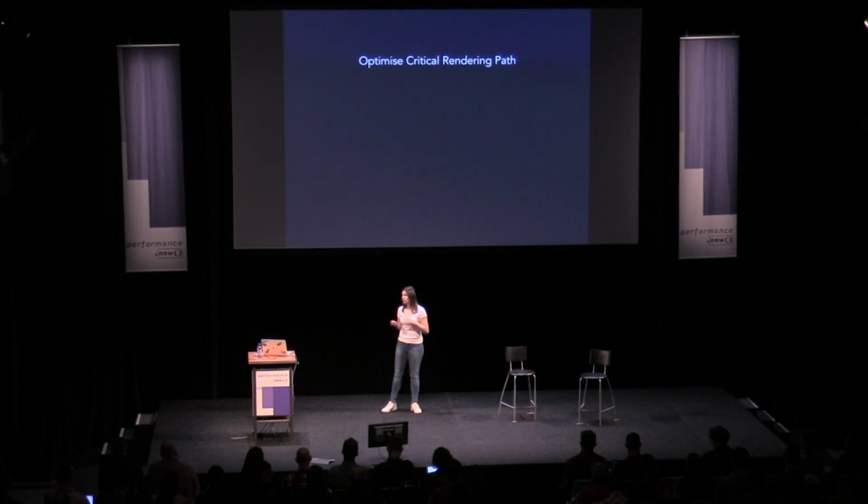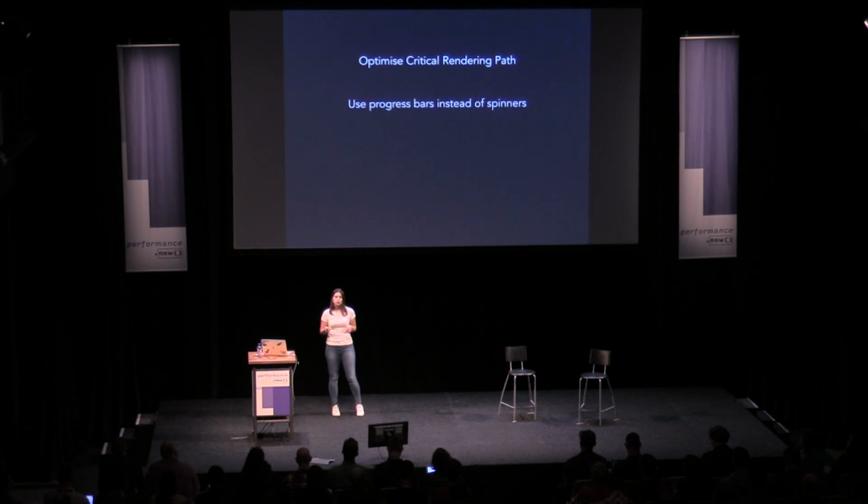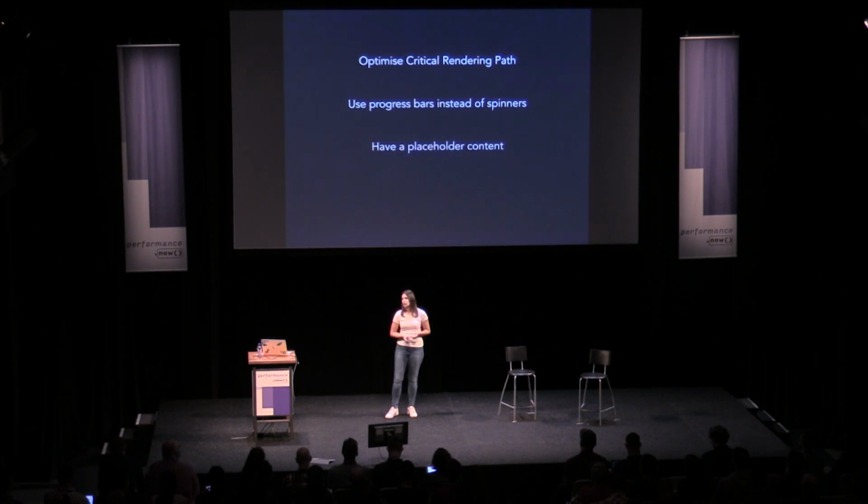And then if you searched further about perceived performance, you would probably get articles on things like how to optimize critical rendering paths, so how to take the part of the code that is responsible for what's on the page above the fold, extract it and serve it to the user as fast as possible; how to use progress bars instead of spinners because they make the user feel that something is loading faster; how to use placeholder content just as Facebook does.